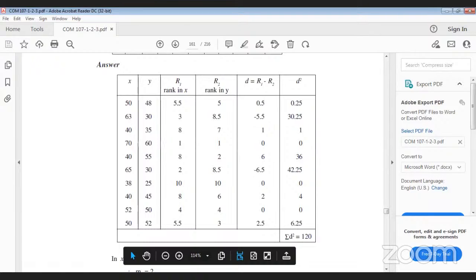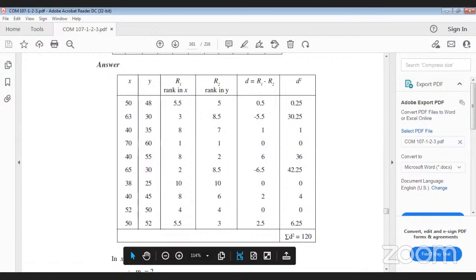Now we have to square the last column here. 0.5 squared will be 0.25. Then minus 5.5 multiplied by 5.5 will be 30.25. Square of 1 is always 1. Square of 0 is 0. Square of 6 is 36.